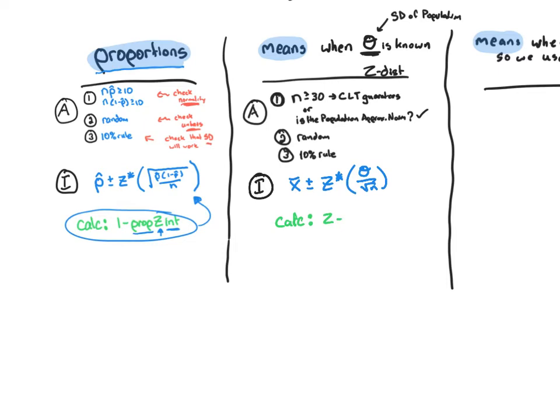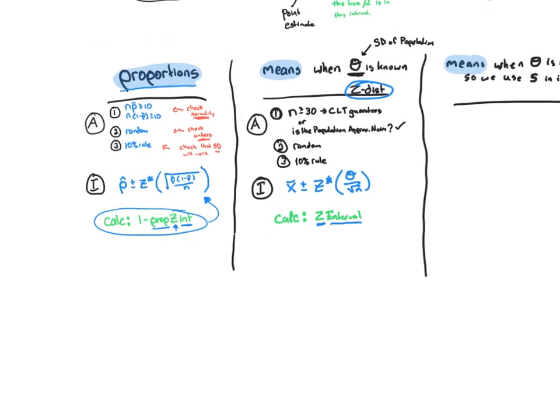I'm just going to double check. It literally has the whole word interval. Z interval. So again, z meaning I am doing a z distribution, interval meaning I'm doing a confidence interval. And for some reason, the calculator doesn't put Z mean interval like they did prop Z interval. They just say Z interval. You just need to know it's for means.